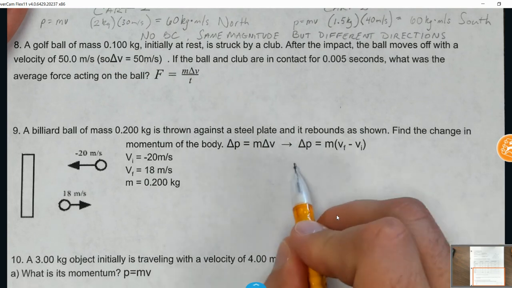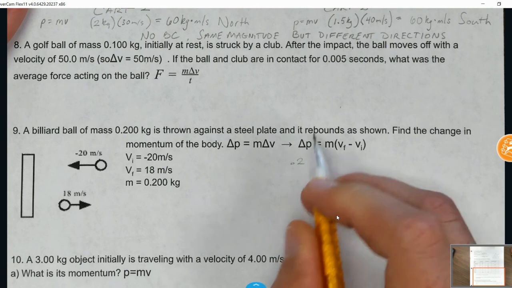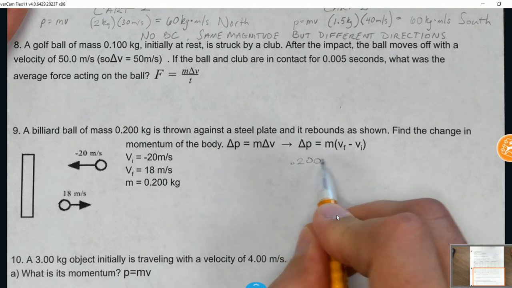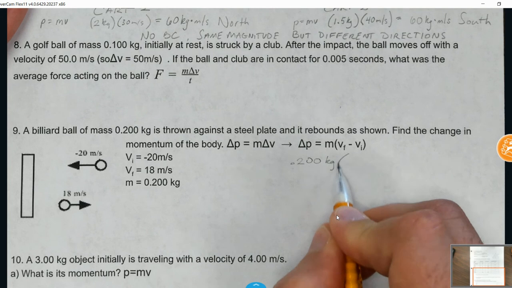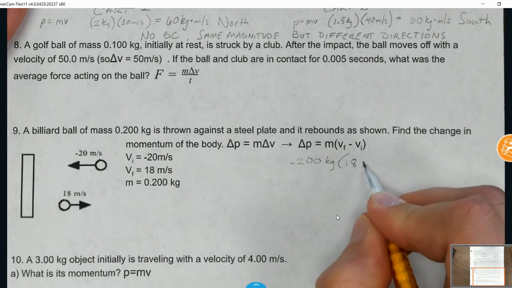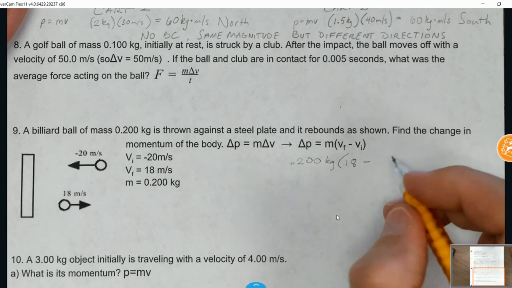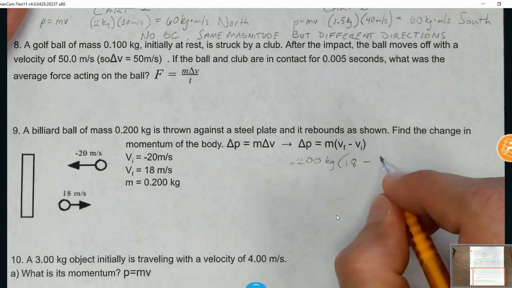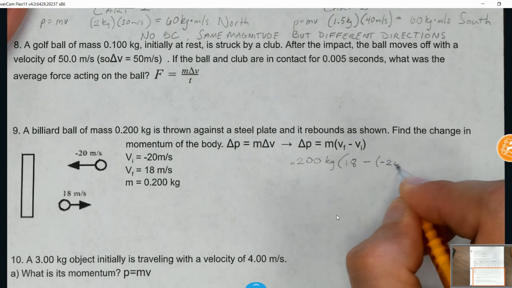What do we got? Mass, 0.200 kilograms times VF, which is 18, minus VI, which was a negative 20.